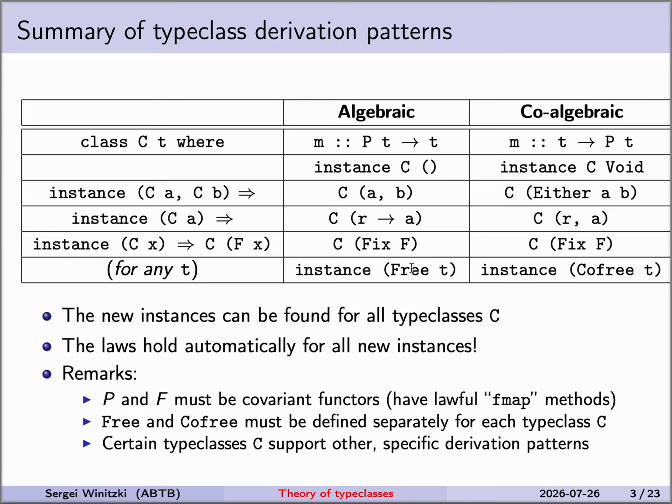And it is not trivial to find them. For example, we know that there is an applicative functor type class and there is a free applicative functor. In order to find that, there were several research papers with proofs showing that they have correctly found it. It's not trivial, it's not obvious to find that.